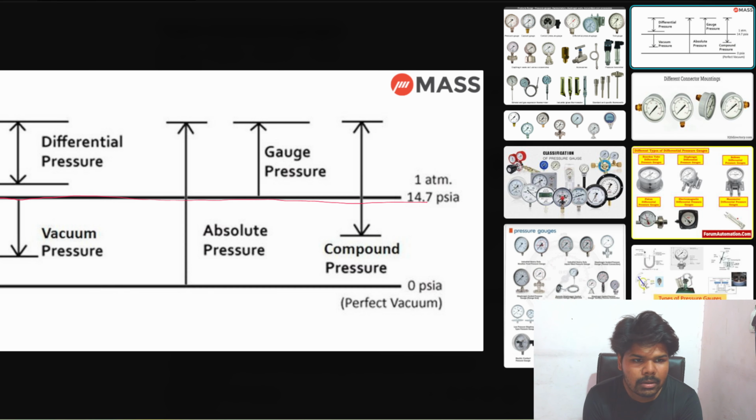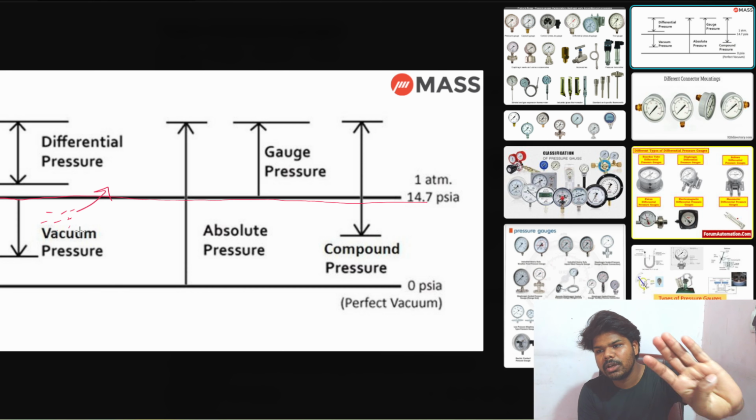When we go to this side, it means we are creating a vacuum. We are removing air molecules, maybe other substances can be there, so we are creating a vacuum there.